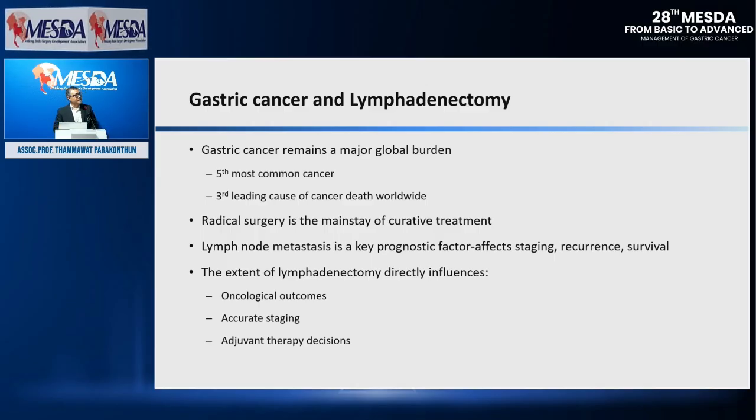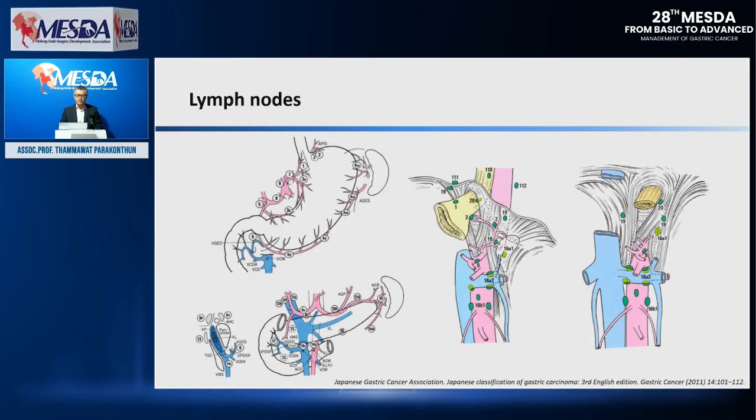Lymph node metastasis is not only a key factor for staging, but also a component of recurrence and survival prognosis. So we have to know about the extent of lymphadenectomy in gastric cancer.